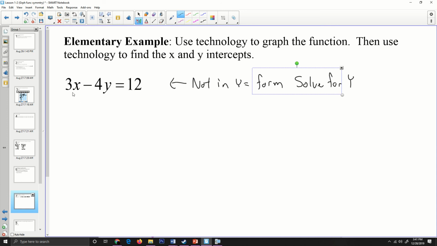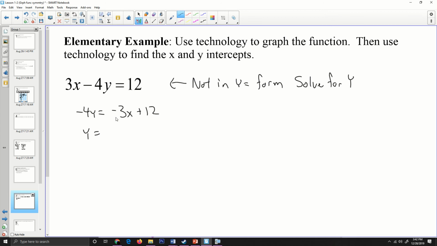All right. And so the first thing I want to do is I'm going to subtract 3x from both sides. So negative 4y equals negative 3x plus 12. And then I'm going to divide both sides by negative 4.